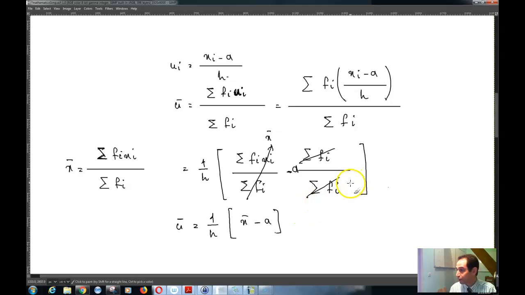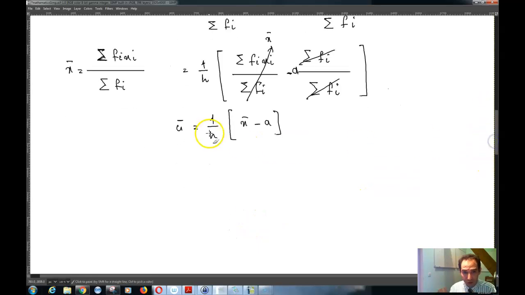And so now if I multiply by h, I'll get h times u bar is equal to x bar minus a. Or I can write x bar is equal to h times u bar plus a.